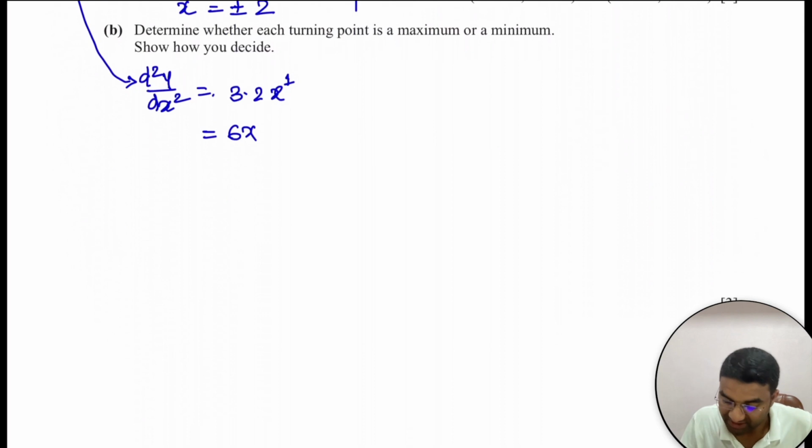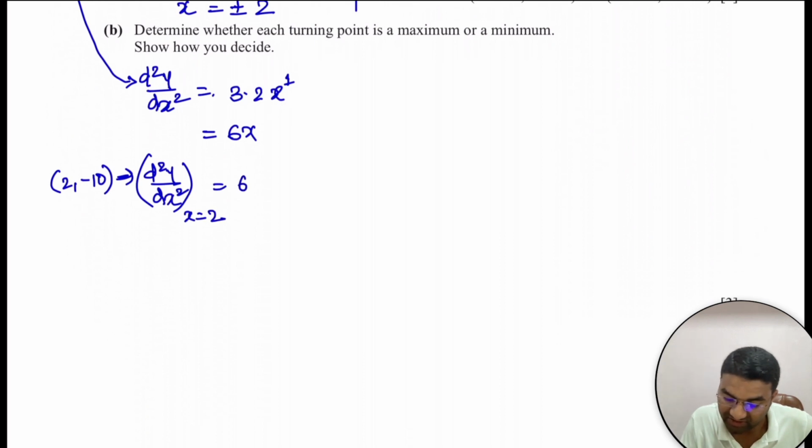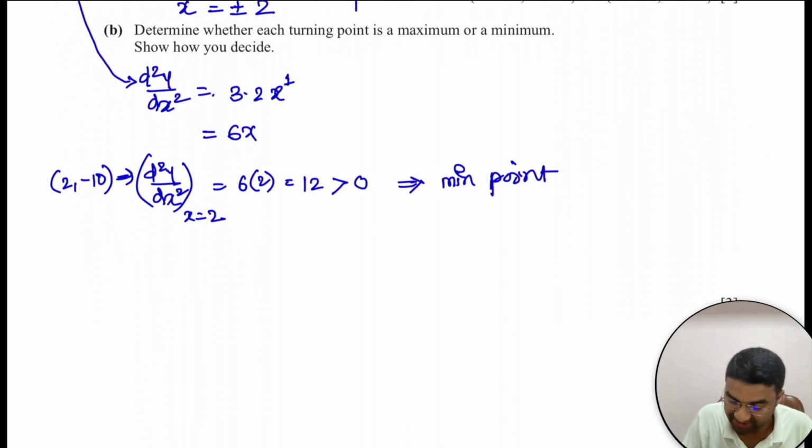So d2y by dx square at the first turning point, 2 comma negative 10, we have to identify whether it's a maximum or minimum. So x is equal to 2, substitute, 6 times 2 is 12, 12 is greater than 0, so it's a minimum point. Then we have another point, that is negative 2 comma 22.